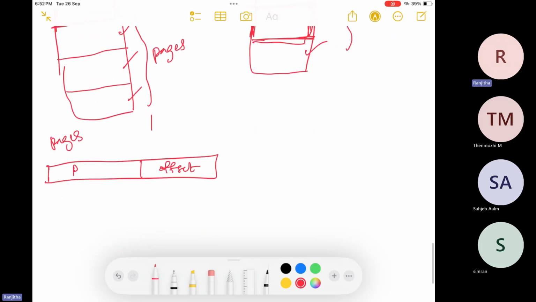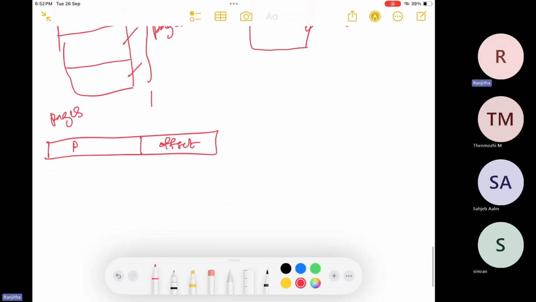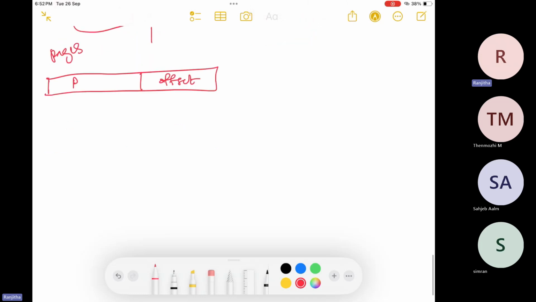So how this works is we divide the logical address into page number and offset. Then there is something called a page table.